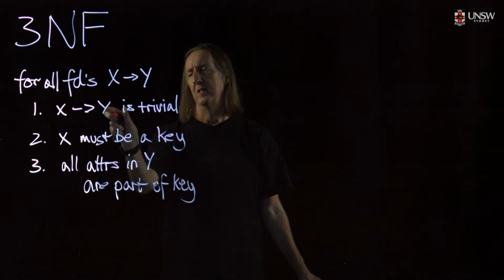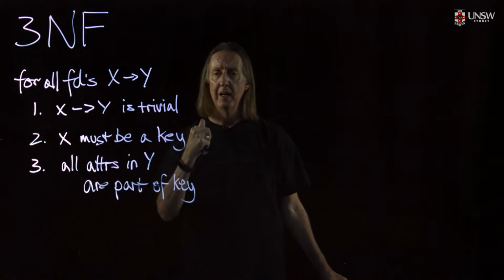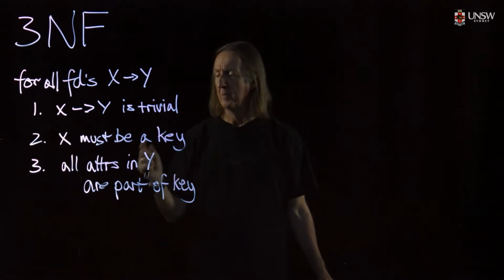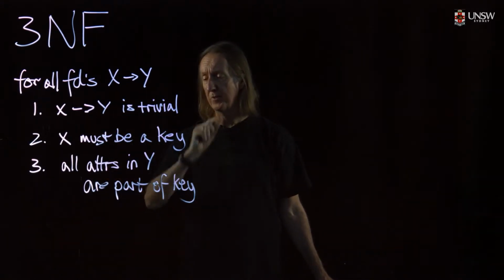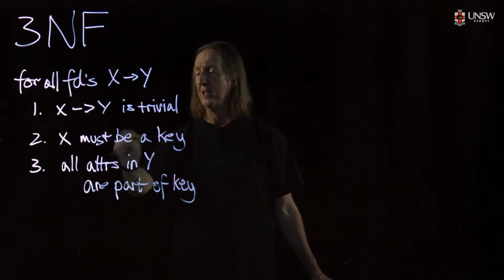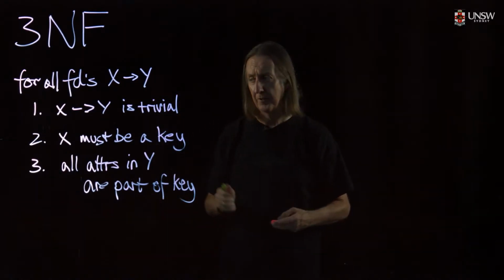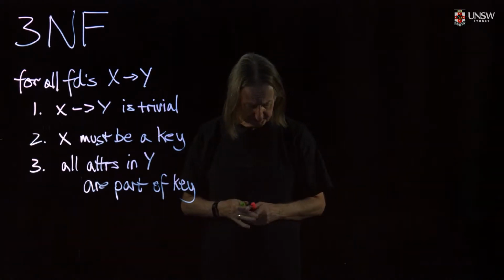So clearly schemas that satisfy 1 and 2 are in BCNF, and they're also in 3NF, but there are schemas that don't satisfy the first two but satisfy the third, and they're in third normal form. So like I said, slightly weaker.